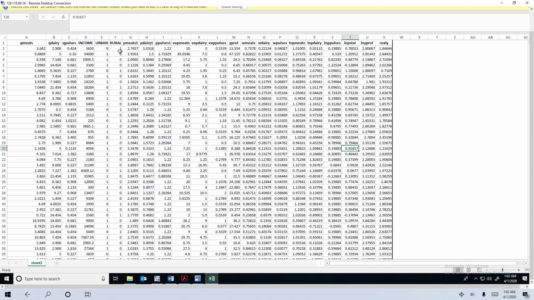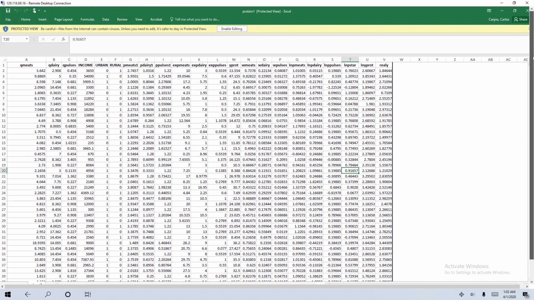You have income, some socio-demographic characteristics. You have the prices for the 3 goods. You have total expenditures on the 3 goods. This is the total consumption in protein. I think this is expressed in a 2-week period, and these are already the shares. But I think that I recalculate them again as part of the program.